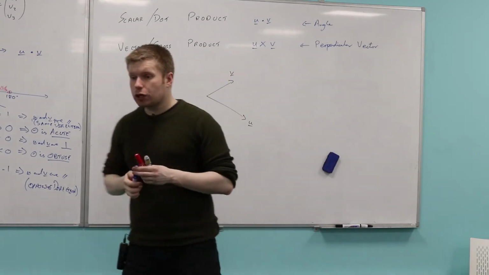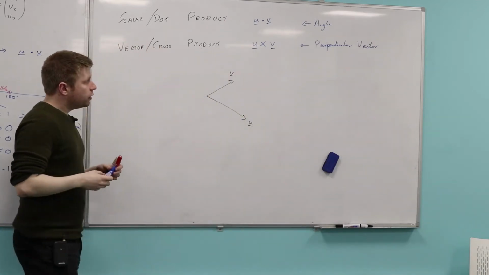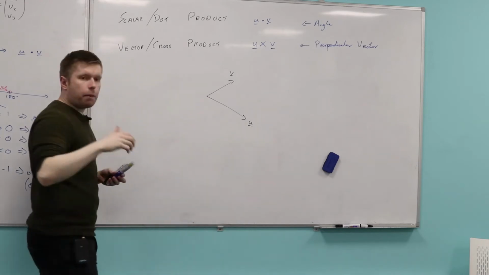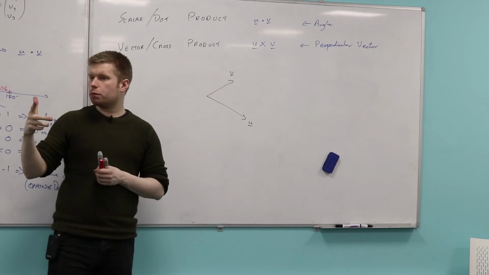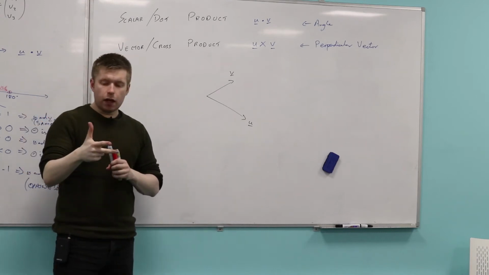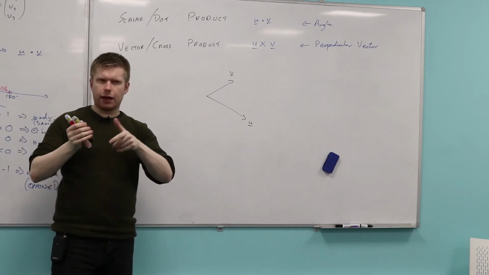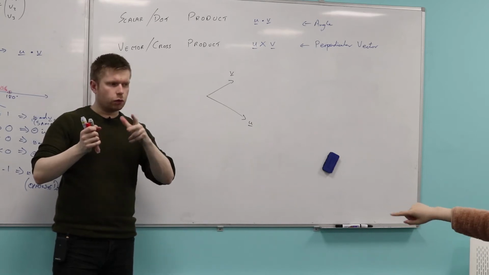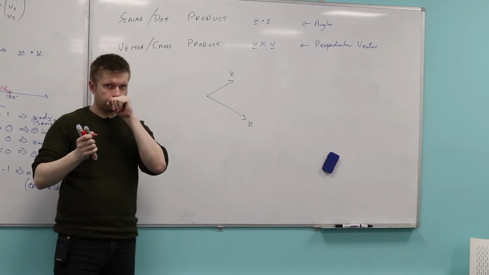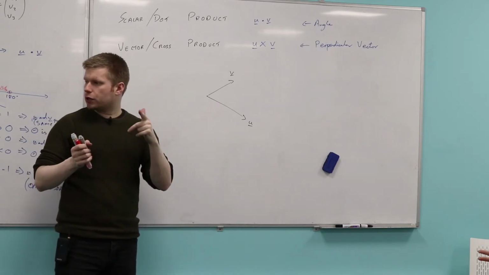And this is literally how it works. In this case, it's the vector coming out of the board. By the way, if you're ever not sure what order they come in, think about it in terms of your hand. Is it left-handed or right-handed? Something like this? I'm pretty sure it's the left hand.